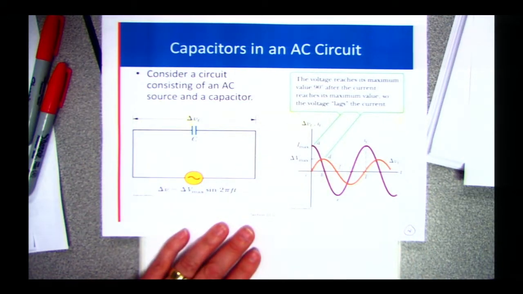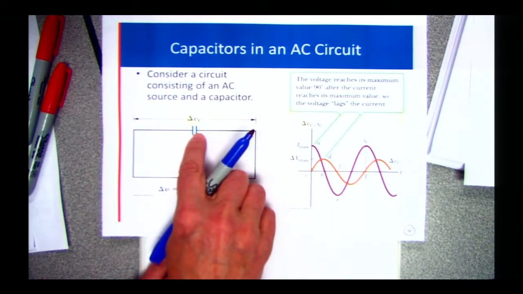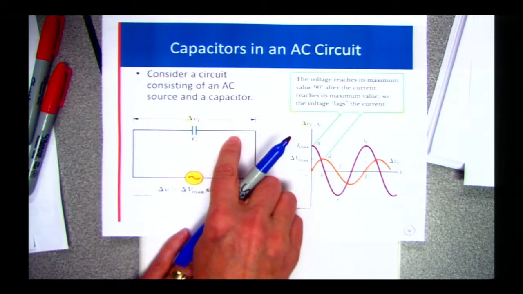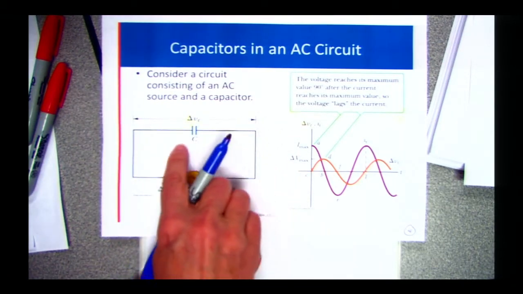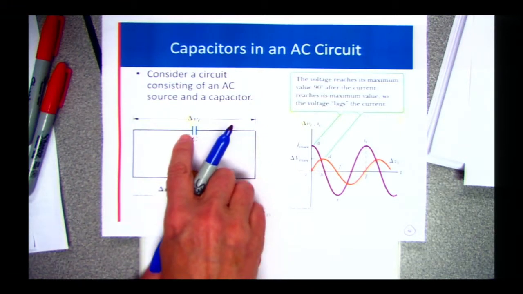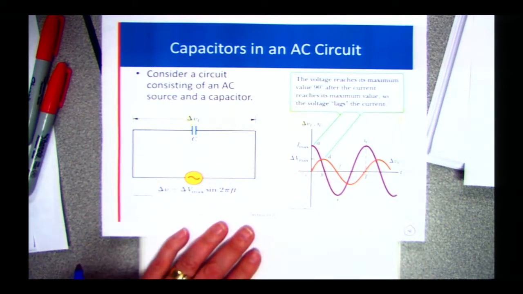If you think about what's happening in the capacitor, remember I'm getting the little charges in, and the electrons are charging up my capacitor. It's not until it gets charged up that I'm going to be able to have current flow through it. So it's going to take a little time to fill up my capacitor. And then now the current's getting shut off. Now it's going to bleed off, and I'm going to end up being behind my current.